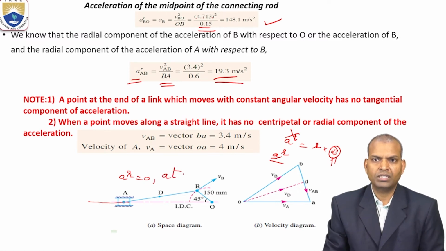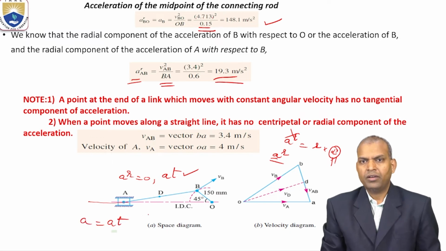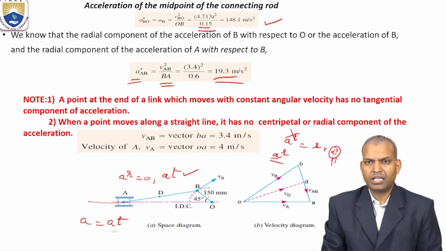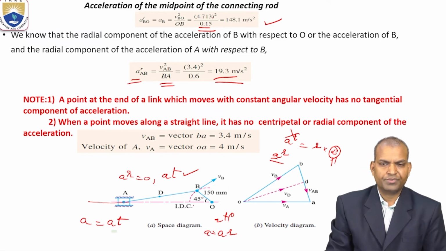It consists of only tangential acceleration, so the total acceleration of a slider is tangential acceleration. Whereas for the crank, which is rotating with constant angular velocity, there is no tangential component, so the total acceleration is radial acceleration. We have to understand these concepts.